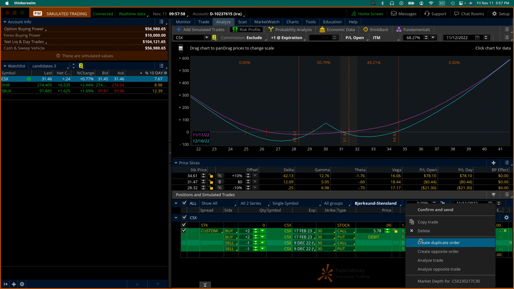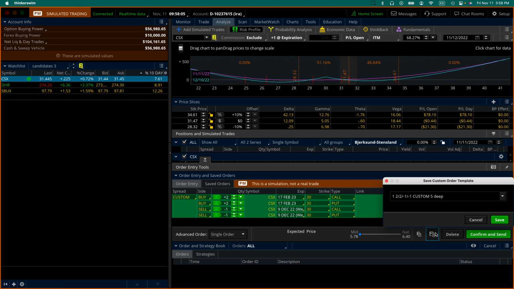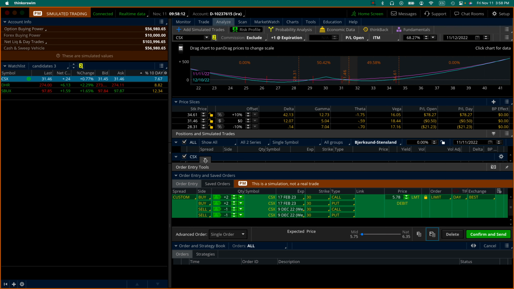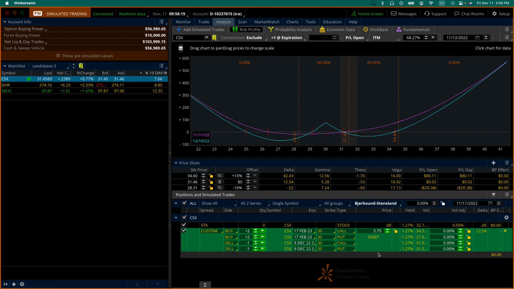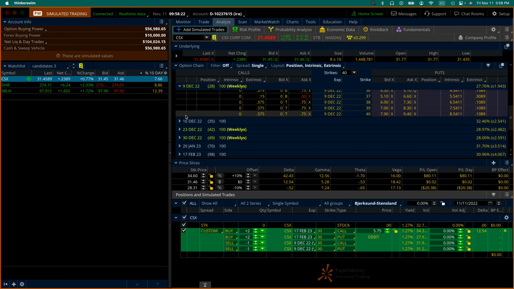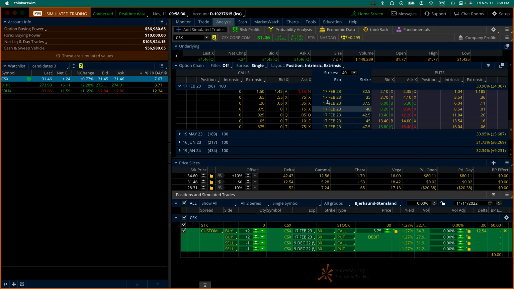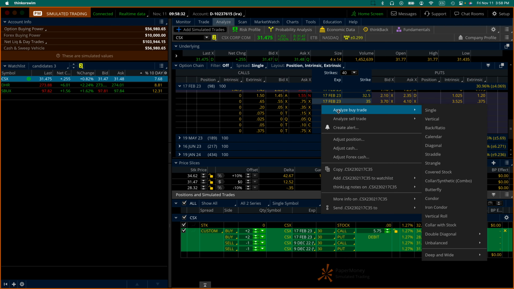Now you can save this. You say create duplicate, and you can click on this icon in the lower right corner. It says save custom order template. Name it what you will. I already have one called Genie, and that's the trade you want to reuse in the future. So the next time you simply click anywhere, let's say we go to the back month, February, the 30th, and then right click and say buy custom.